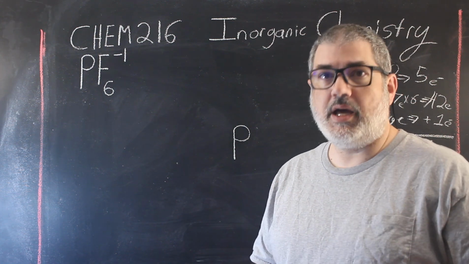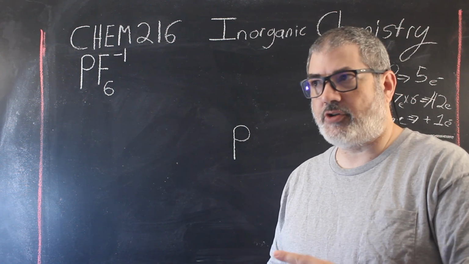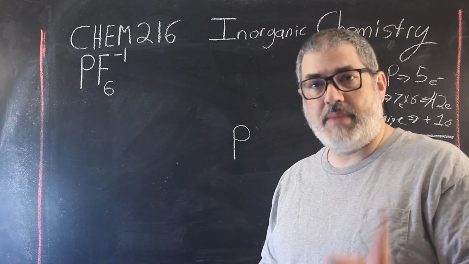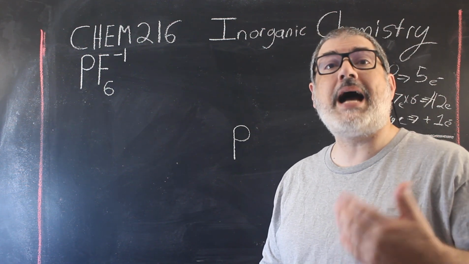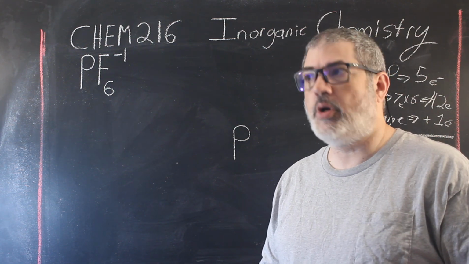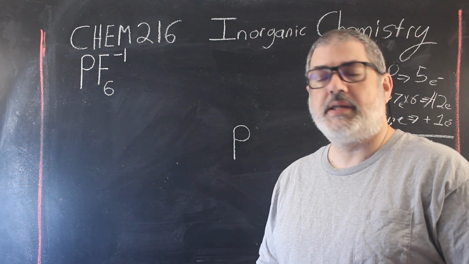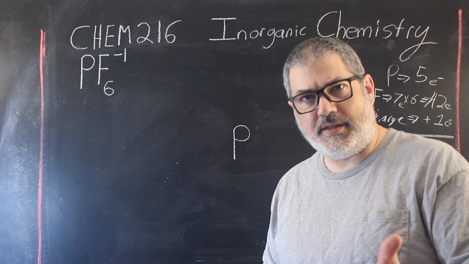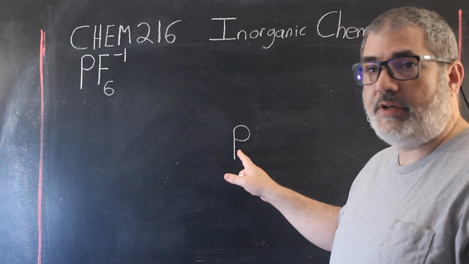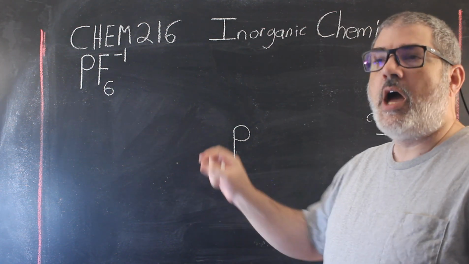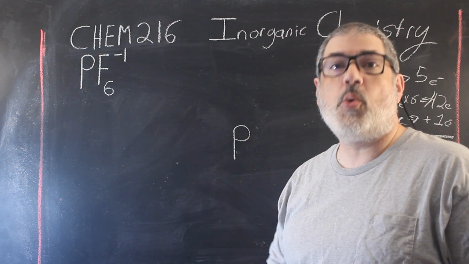But before we can get there, we're going to draw the Lewis dot structure. The reason I mention that is because the way I draw the Lewis dot structure will be coincident with octahedral geometry. The way to think about this is imagine the phosphorus is at the origin of an XYZ coordinate system.